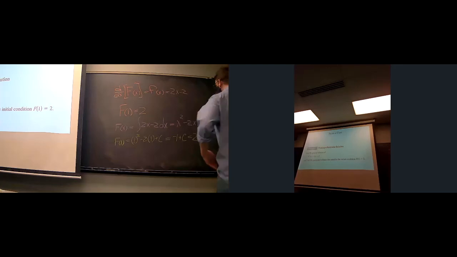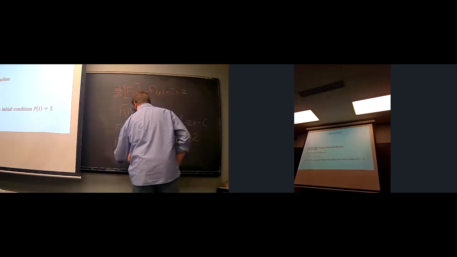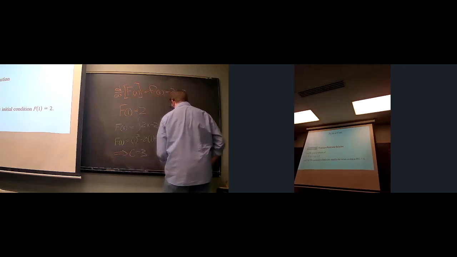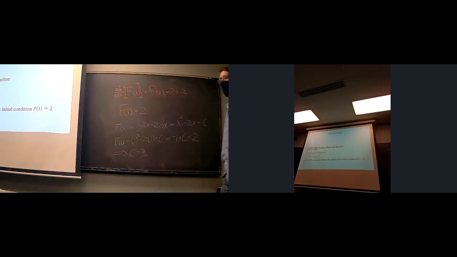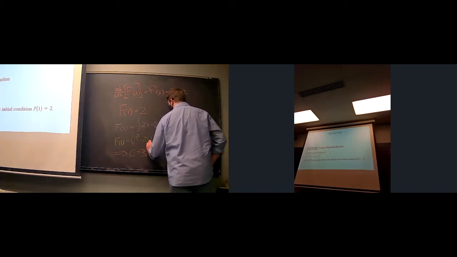So c must be equal to 3, right? All I'm doing here is adding 1 to both sides. And if that's the case, then our function must be equal to x squared minus 2x plus 3.